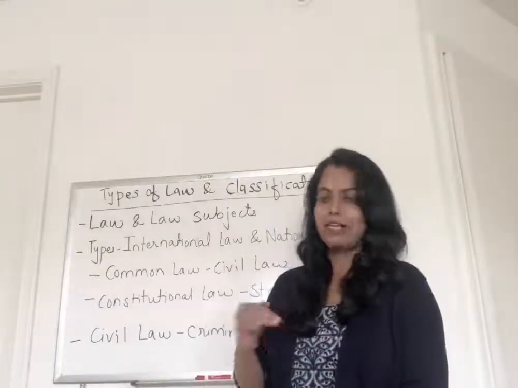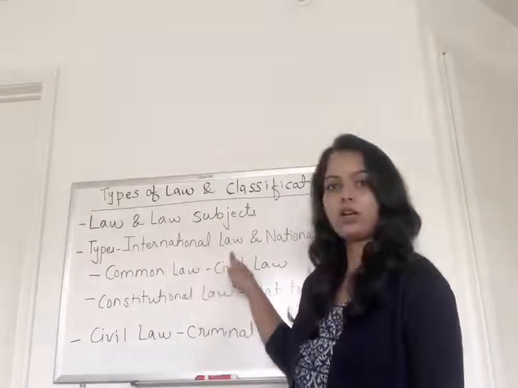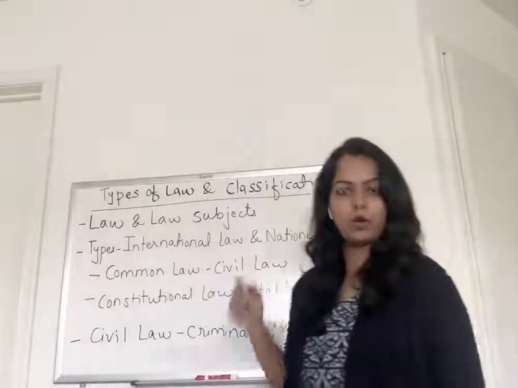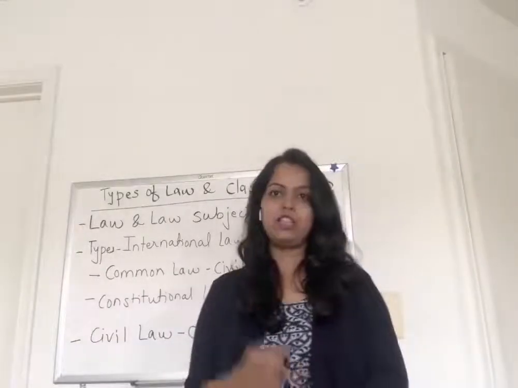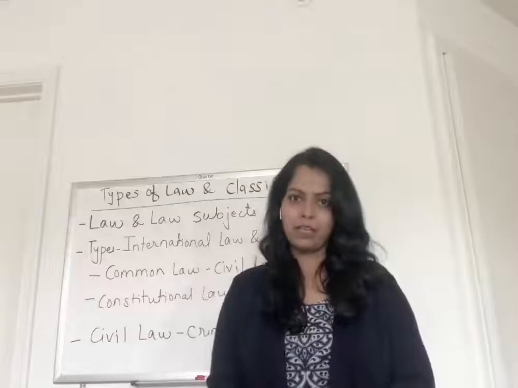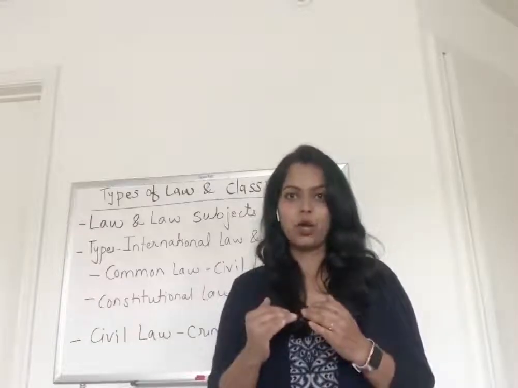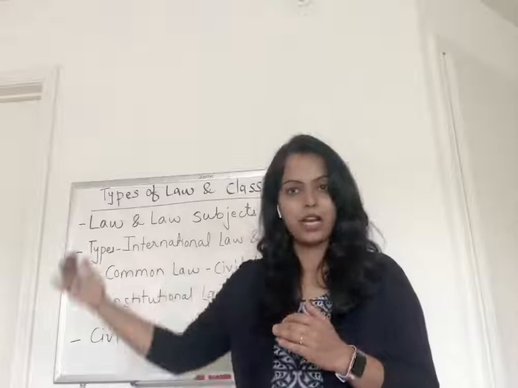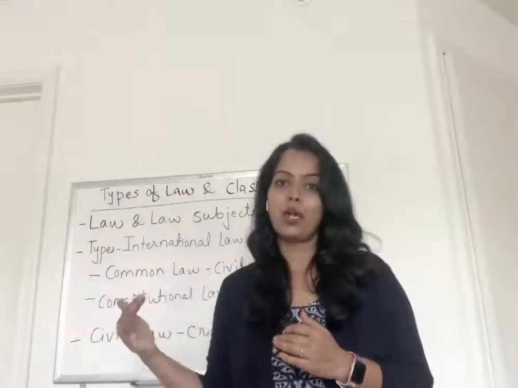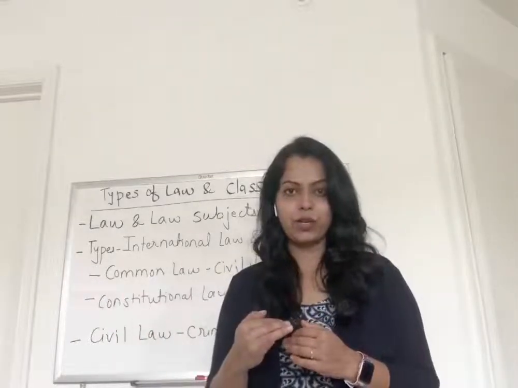The first type of law is international law and national law or municipal law. So what is the difference between these two laws? Broadly speaking, international law is applicable outside of your country and national law is applicable inside your country.